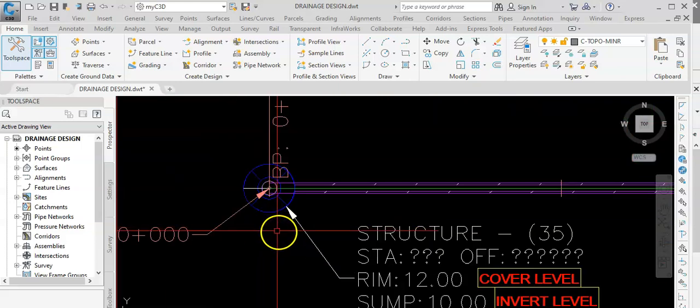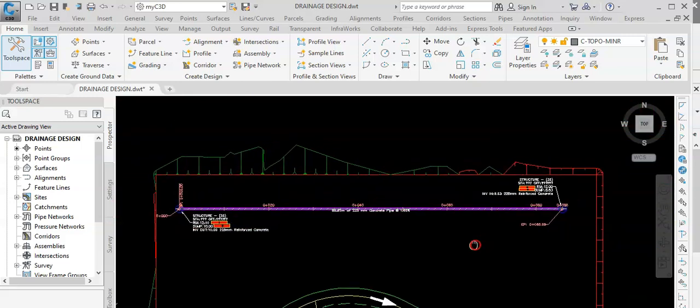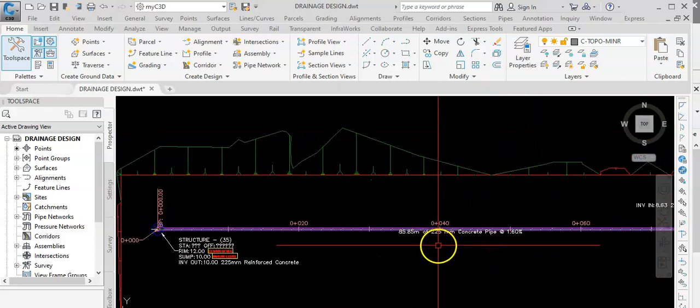Let's call this manhole 35, and the next manhole we call manhole 36.